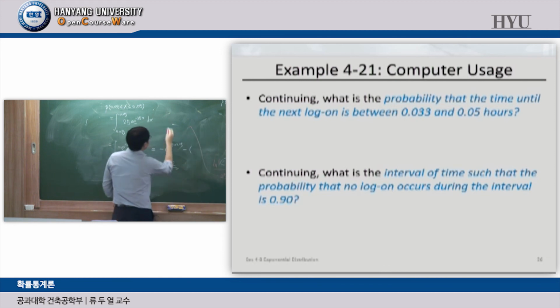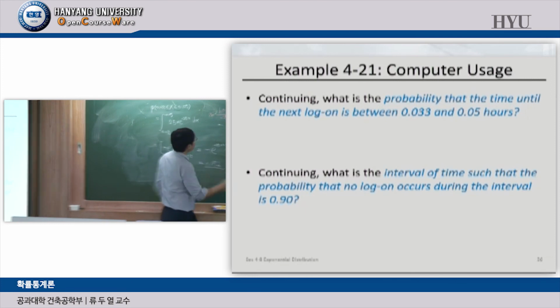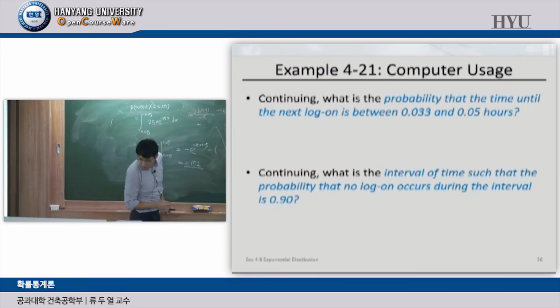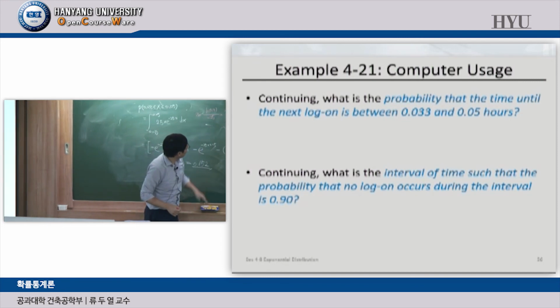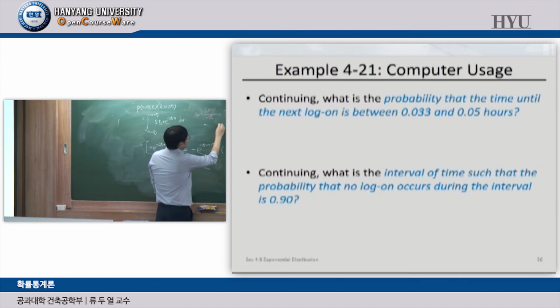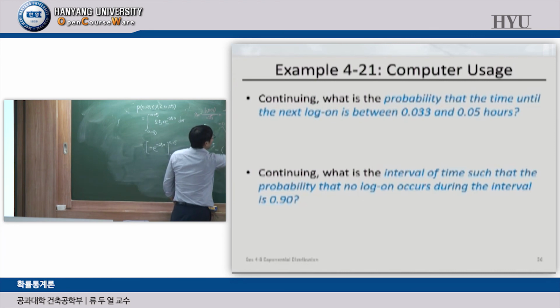So x is equal to ln 0.9 over minus 25. That is minus 0.10536 over minus 25, which is equal to 0.00421 hour.